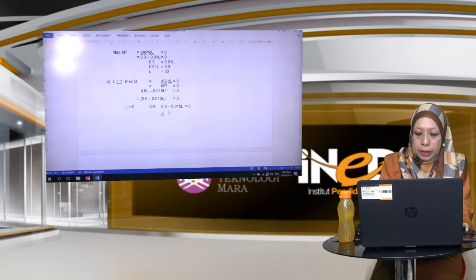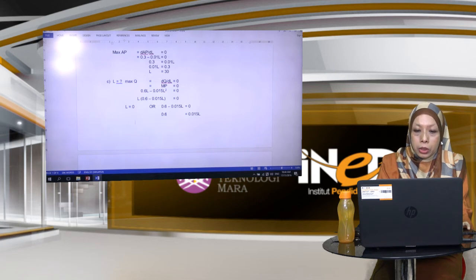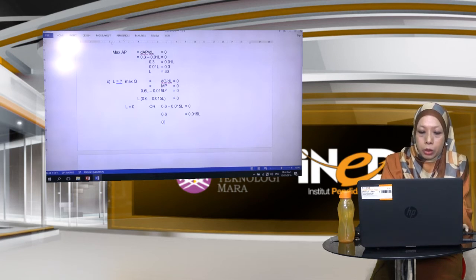This is the same thing as 0.6 equals 0.015L. You can also write it as 0.015L equals 0.6.